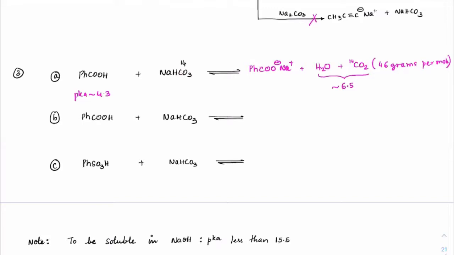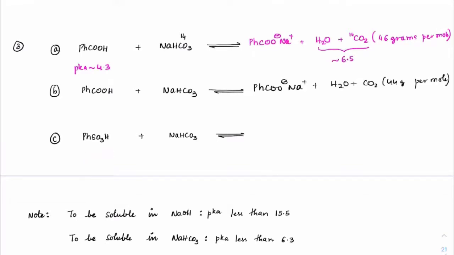Next, PhCOOH plus NaHCO3. If you check that, we will have PhCOO minus Na plus, H2O plus CO2. This time the carbon dioxide coming will be 44 grams per mole. This is a regular carbon.